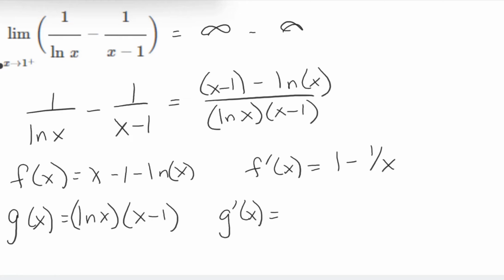So my g prime of x, how am I going to find that? Yeah, I got to do the product rule. So the derivative of ln of x is 1 over x times x minus 1 plus ln of x times 1.